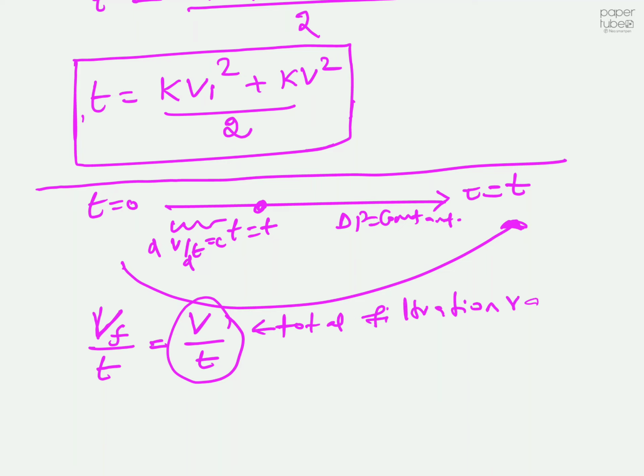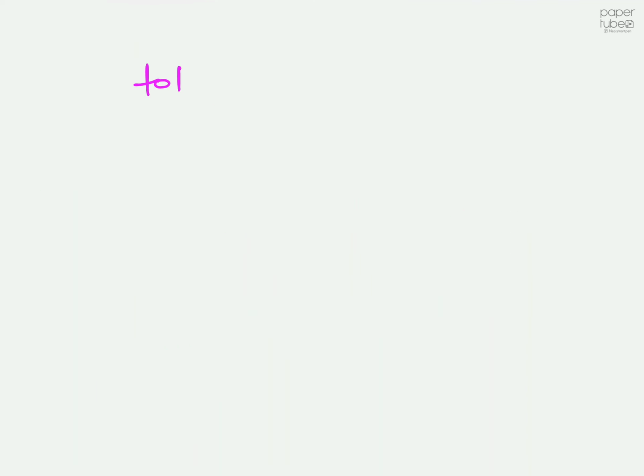You have to think a bit before we solve this type of problem. So the total filtration rate will be equal to V divided by T, and just imagine you have some downtime.